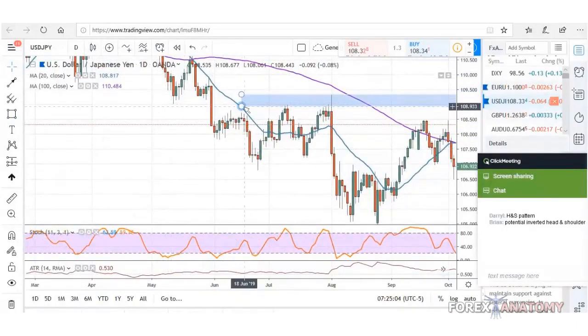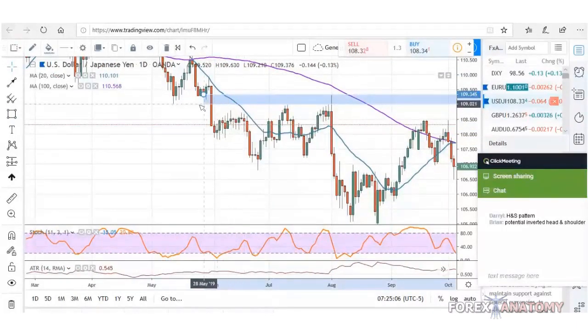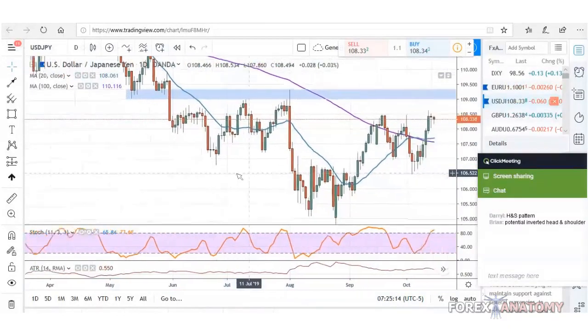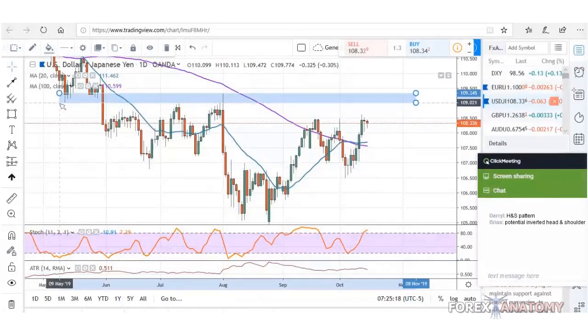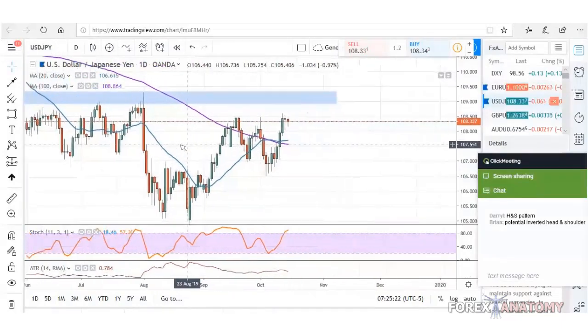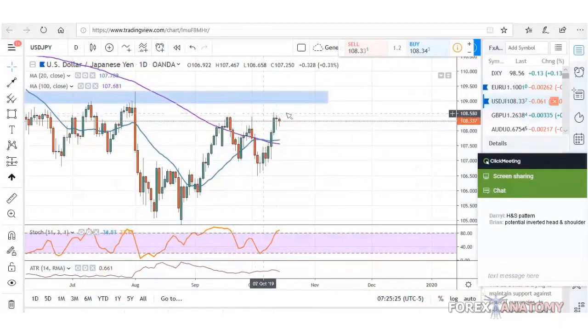Let me drag this out a little bit longer. Okay, so we do have this area of structure that we need to pay attention to on this chart. Let me drag this down a little bit lower. Okay, that's good enough.